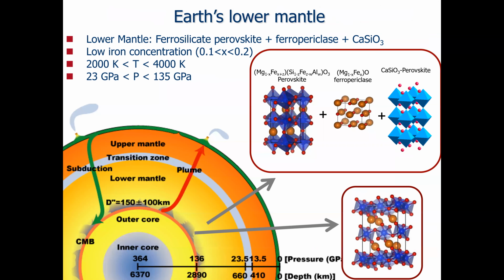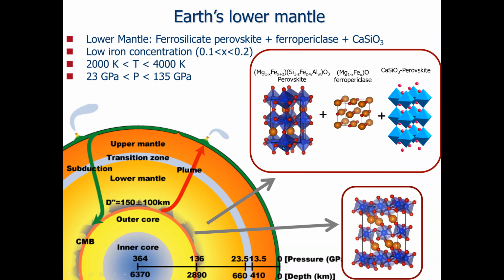This is the lower mantle, the region that I study, in which the minerals undergo a spin crossover. The pressure varies between 23 and 135 GPa, and the temperature between 2000 and 4000 Kelvin. And these are the main phases of the lower mantle.